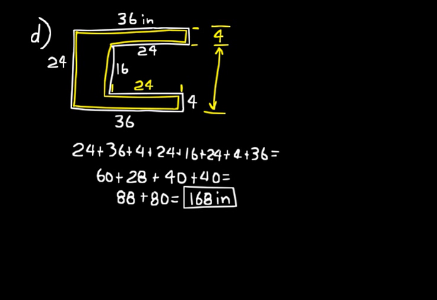On a problem like this where you have lots of things to add together, you need to put in place some things to help you eliminate error or reduce your chances for error. So making a path around it to find your missing sides, adding up or counting all of the sides to see if you have the same amount of numbers in your addition, those things are important things to do to help you prevent mistakes. Don't forget your units too on perimeter problems.